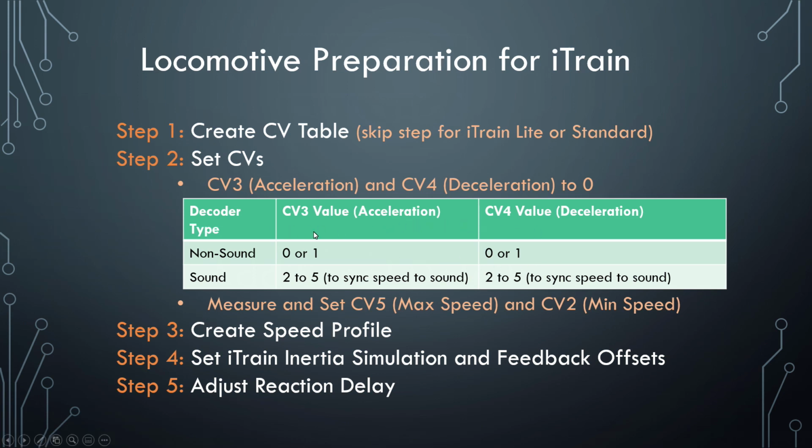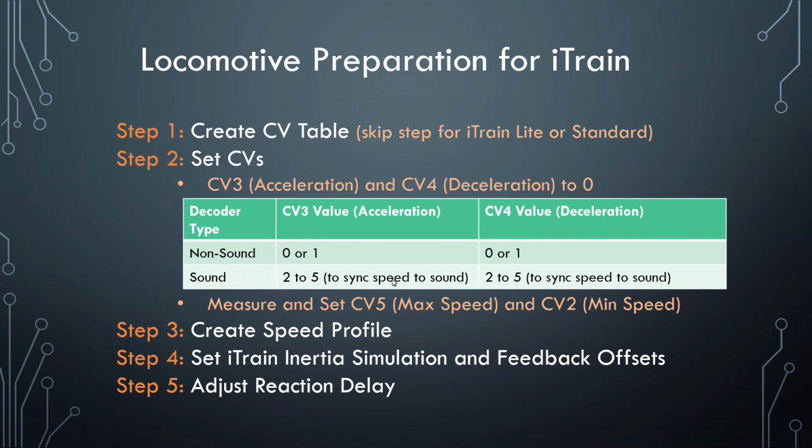We use a value of 0 or 1 for CV3 and CV4 if we have a non-sound decoder, and if we have a sound decoder we'd use values between 2 and 5 for CV3 and CV4. And you choose the value that best syncs the sound to the speed of your train.